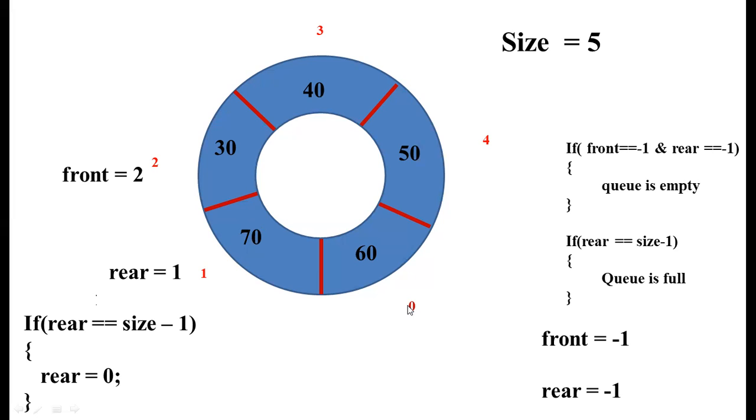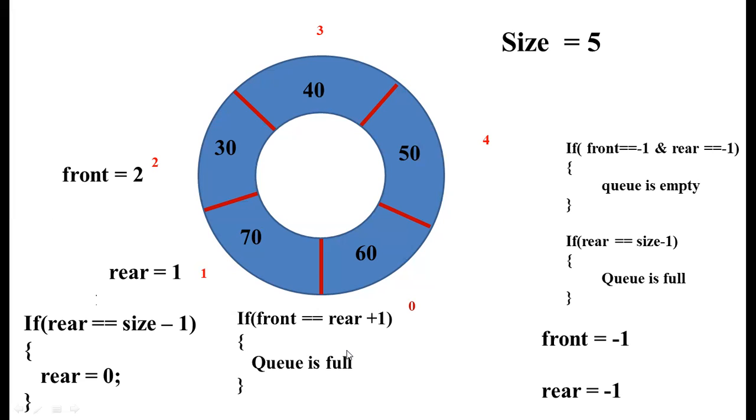That is, if front is equal to rear plus 1, then in this case also the queue is full. So the queue is full for two conditions. One is if the rear value is equal to size minus 1. The other is if the front value is equal to rear plus 1. Here front is equal to rear plus 1, so in this condition also we can say that the queue is full.